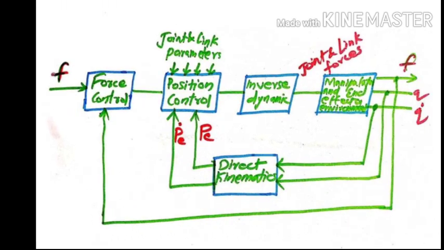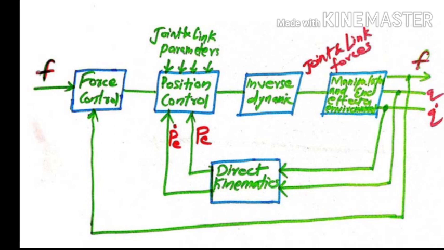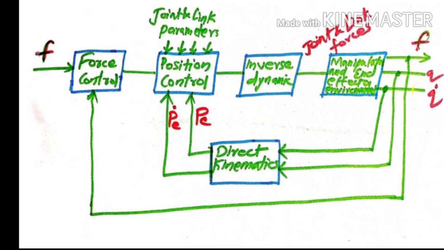So we are finding Q or Q dot, which are the end effector joint or link parameters, and F is the end effector parameter, that is the force exerted due to the given joint and link parameters.